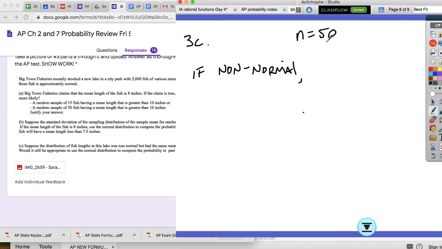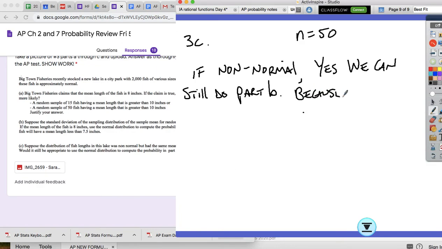Our sample size is greater than 30, so the central limit theorem will apply. So I would say yes, we can still do part B because our sample size of 50 is greater than 30.